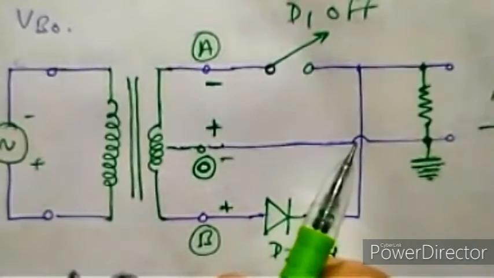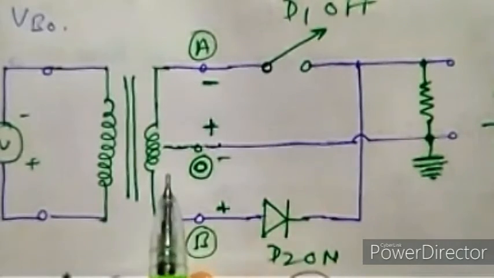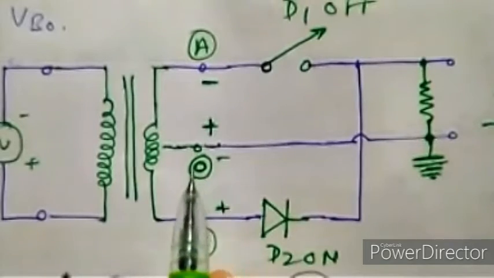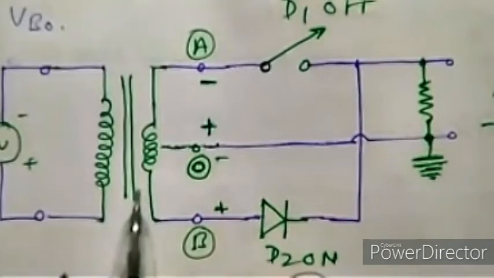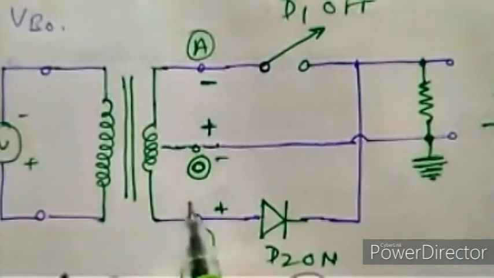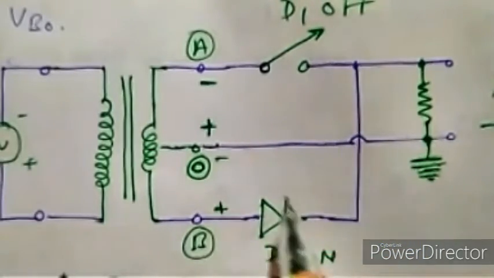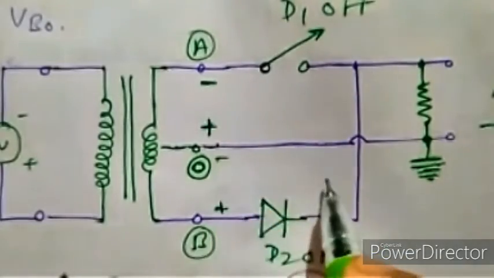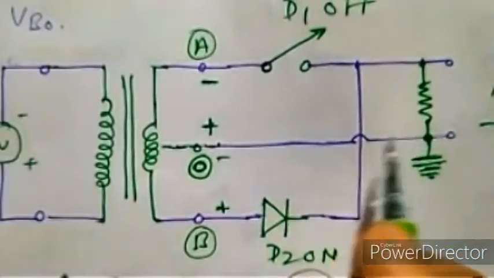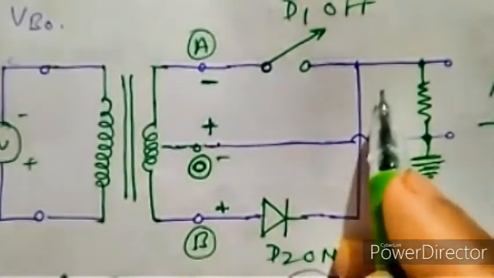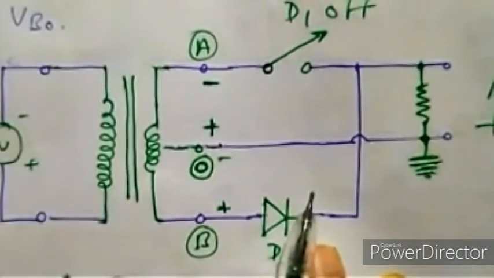So the direction of load current IL is the same as in the positive half cycle. That means even in the negative half cycle, the load current continues to be positive. So what exactly would happen? Now this is positive, so the current will flow through this resistor in the same direction.